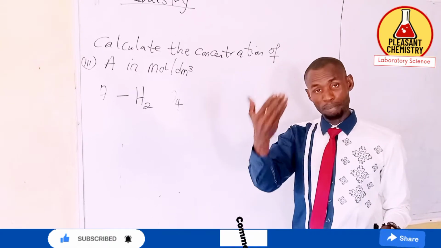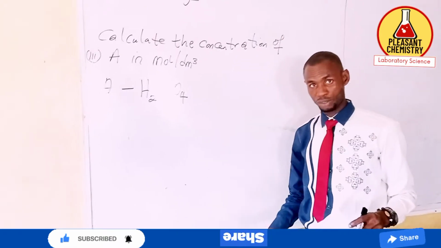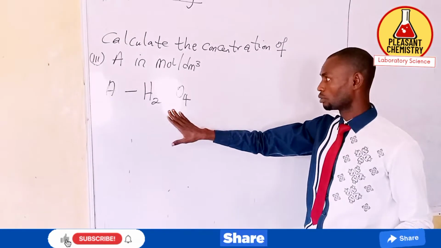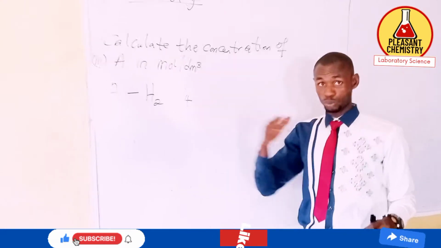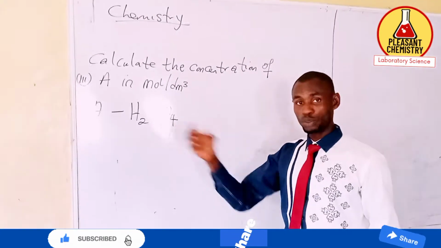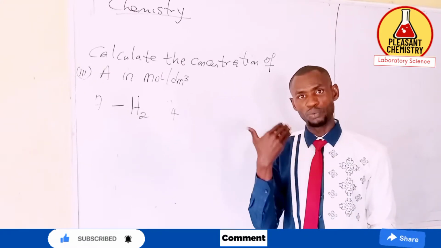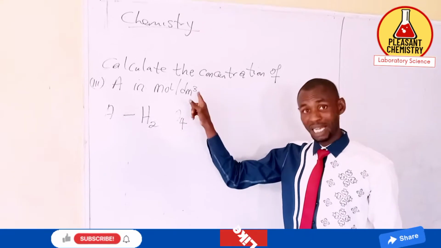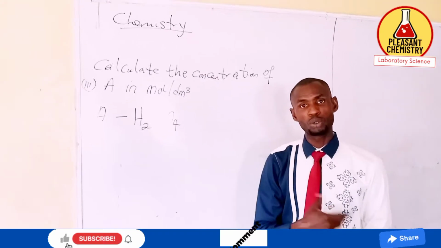You can say mass concentration over molar mass, or you can use the other way around. But in this case, we cannot use molarity is equal to mass concentration over molar mass. And why? In this case, we were not given the mass concentration of tetraoxosulfuric acid, so it will be two unknowns if you use molarity is equal to mass concentration over molar mass.